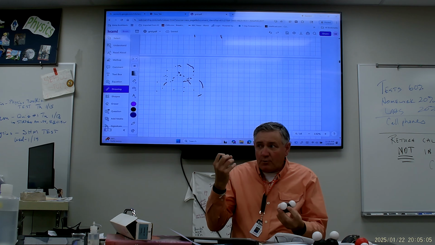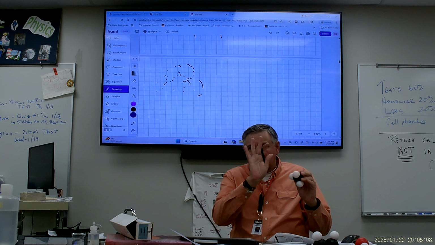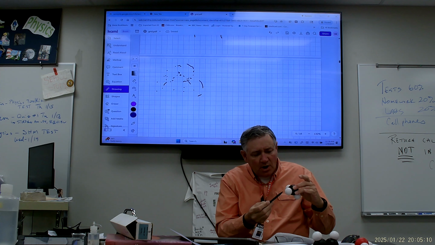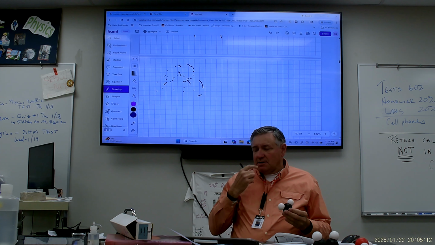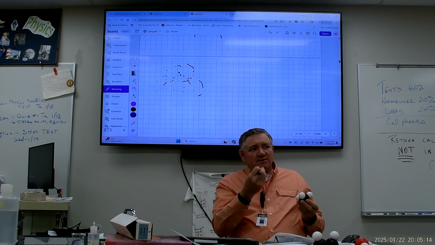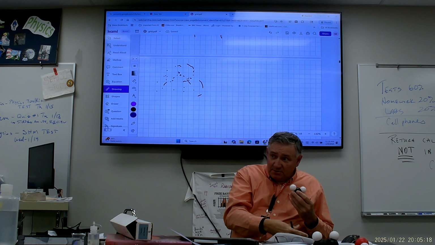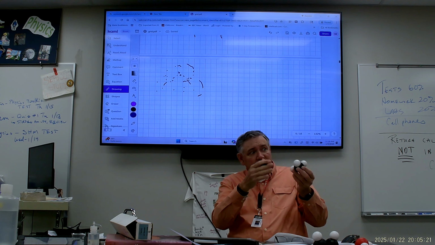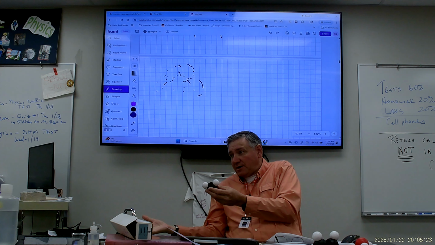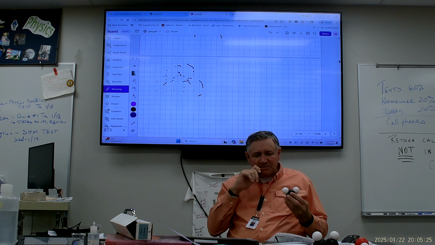So here I have what would be considered an empirical formula. This is just something simple. It's 1 carbon surrounded by 3 hydrogens. The empirical formula is literally the simplest ratio. It doesn't necessarily tell you the structure. Sometimes the empirical formula and the actual structure are the same thing, but a lot of times they're not.